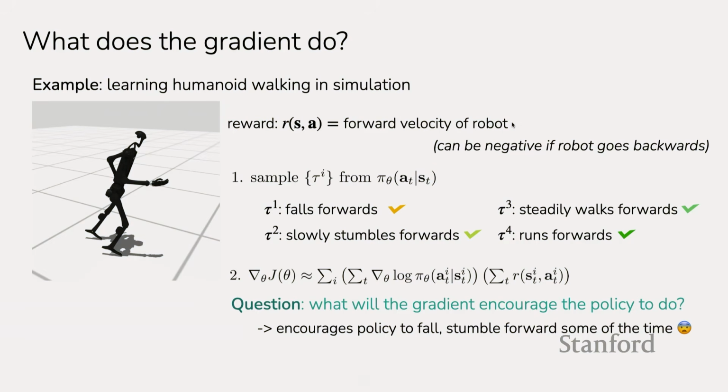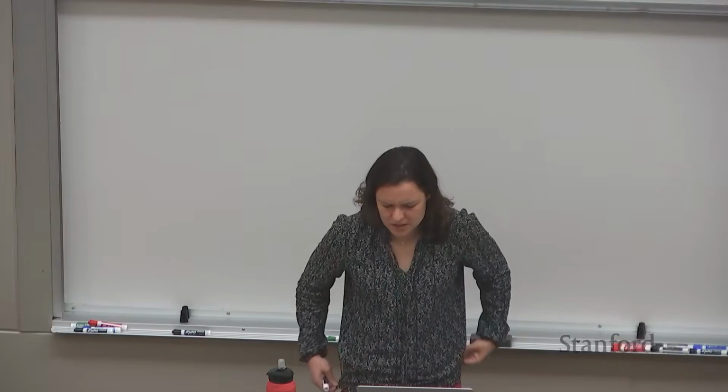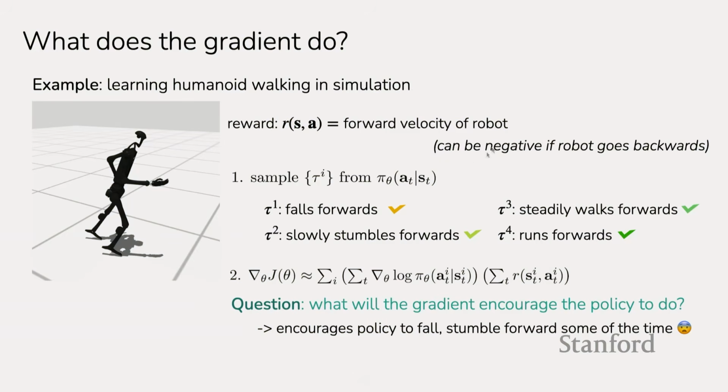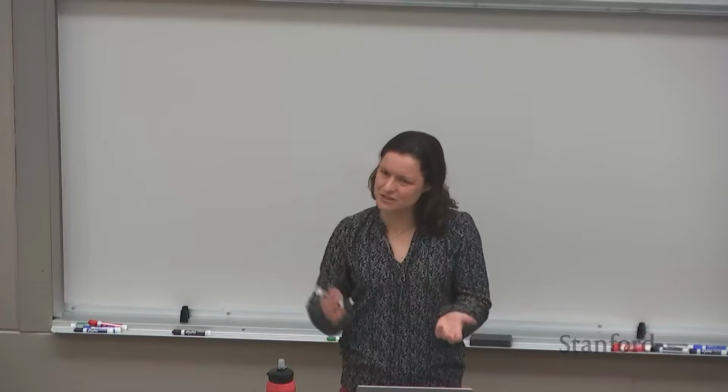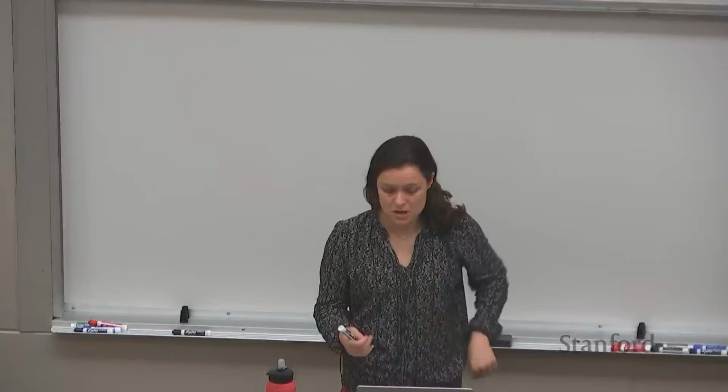Yeah, so the question was, is this because of local minimum? It seems like with this reward function, the best outcome is to run forward, so why are we getting this kind of objective? The reason for this is because the gradient is noisy. It kind of comes down to variance. If you do have a policy that runs forward, it will encourage it to keep on running forward.